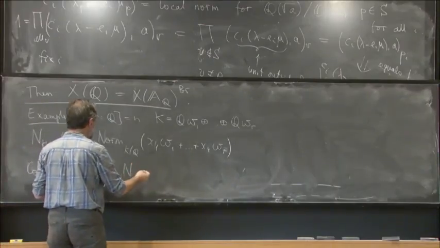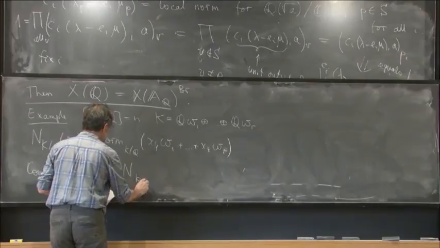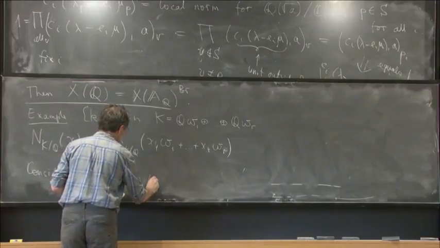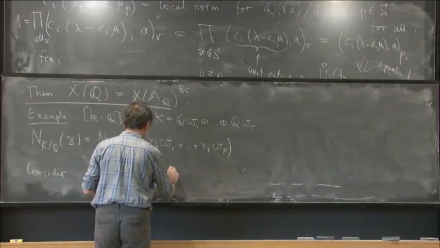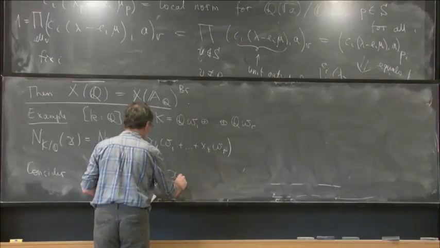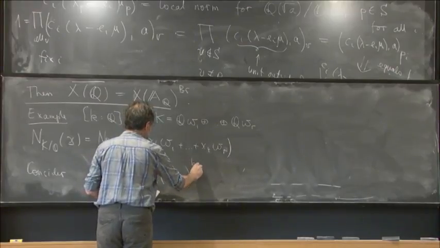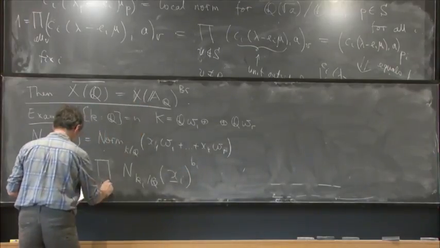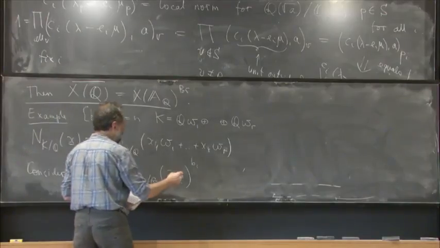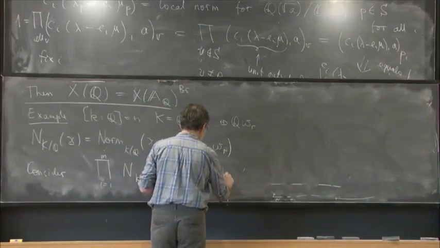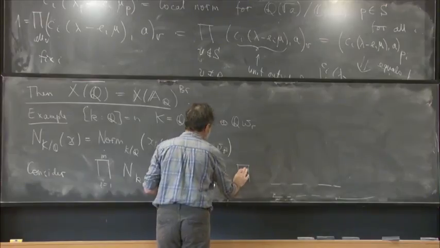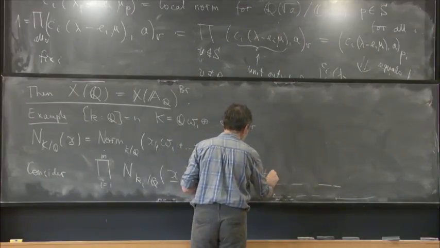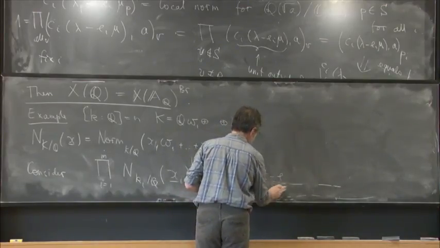If we have finitely many number fields, we can look at the corresponding norm forms, possibly raised to some powers, and let this equal some totally split polynomial with rational numbers.